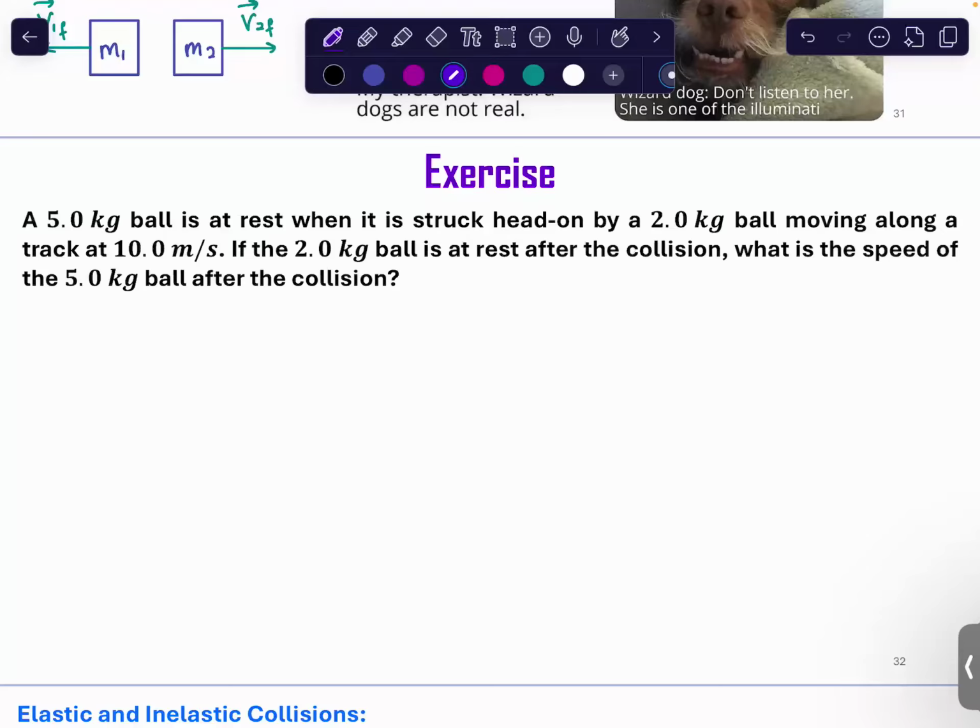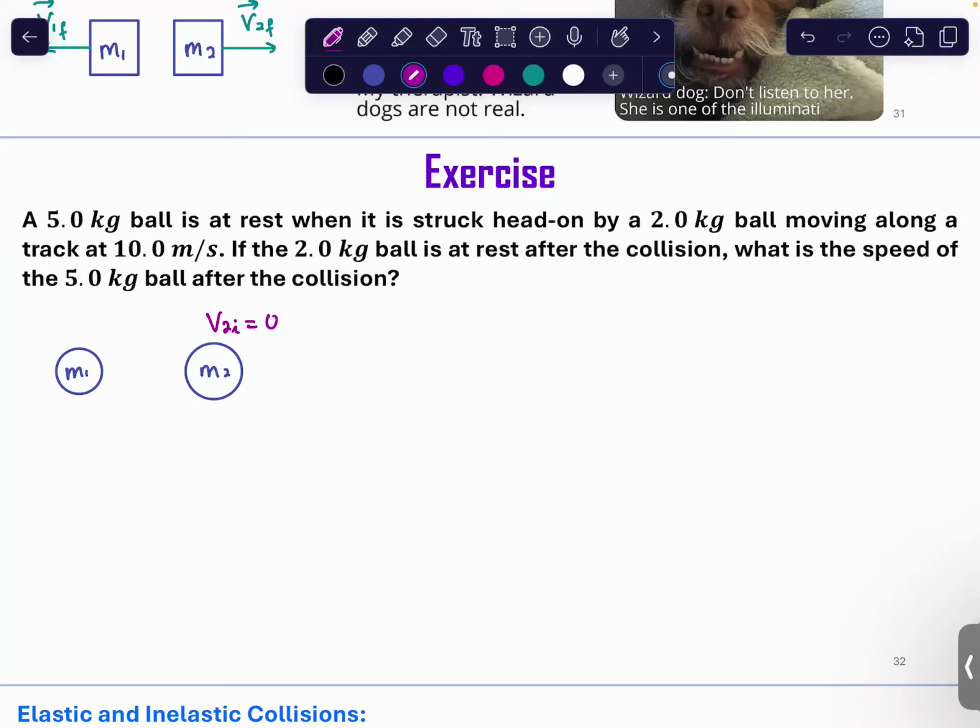Okay, so we're going to say we have mass 1, we have mass 2. Okay, so mass 2 is the 5-kilogram ball, so it's not moving to start with.